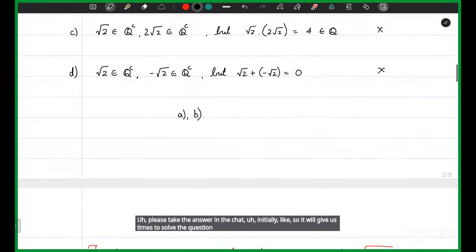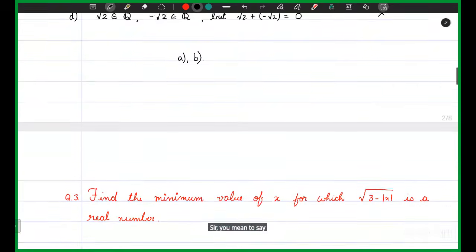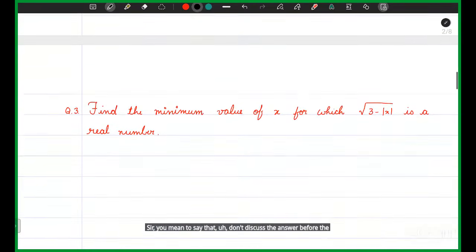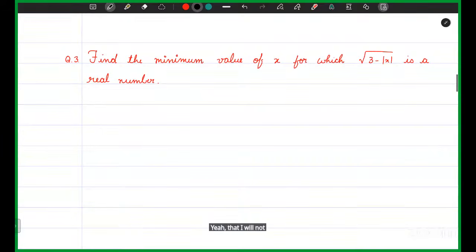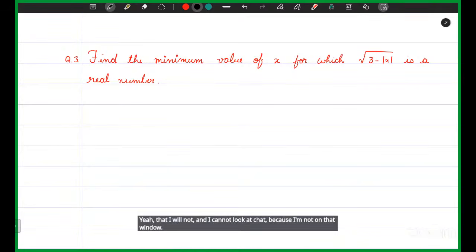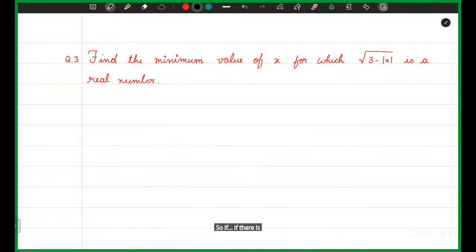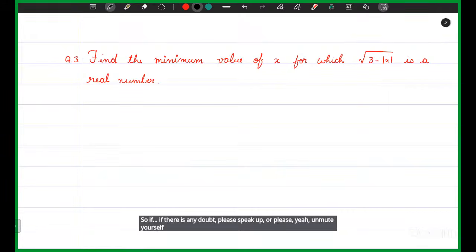So you mean to say that don't discuss the answer before the assigned time? Yeah, that I will not. And I cannot look at chat because I'm not on that window. So if there is any doubt, please speak up or unmute yourself and talk. That's okay.